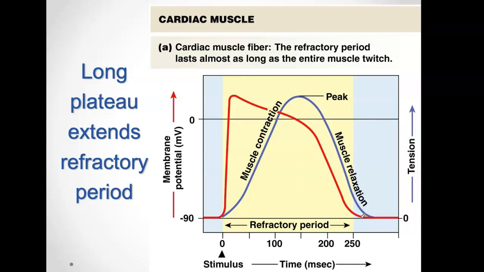On this side you're seeing the membrane potential, on this side you're seeing tension, and there is no way that you can overstimulate a heart muscle causing tetanus in the heart and therefore a heart attack. It'd be terrible. That would not work.